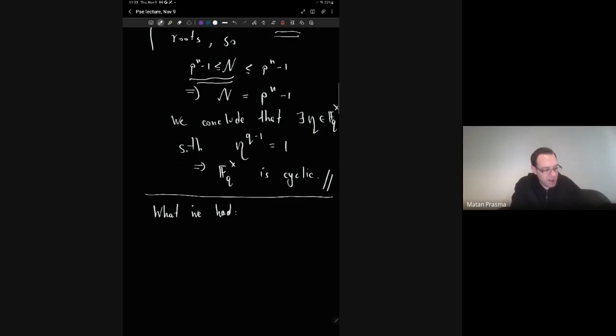So the main issue with this classification of finite fields, and this is something that will be useful later on, is this analogy between integers and polynomials over a field in one variable.